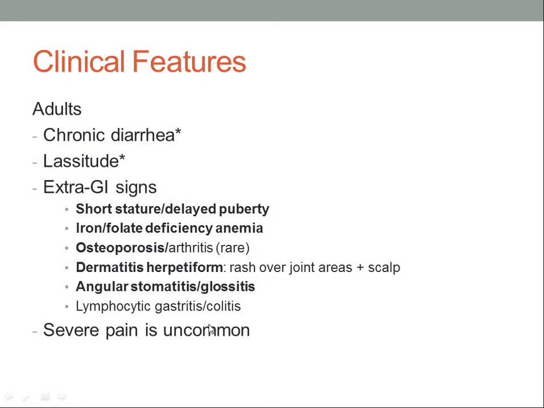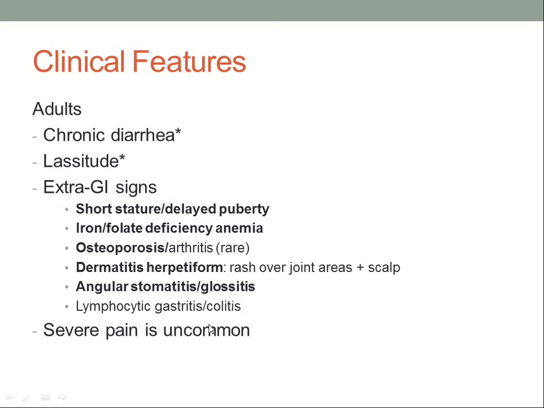So for example, you may appreciate pallor in a patient who has iron deficiency anemia. You may appreciate bone pain as well as osteomalacia in somebody who has vitamin D deficiency as a result of celiac disease. You may also see that the patient may have a short stature or may have had a delayed puberty as a result of malnutrition, and so on and so forth.